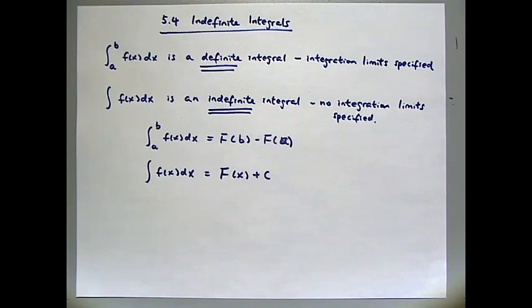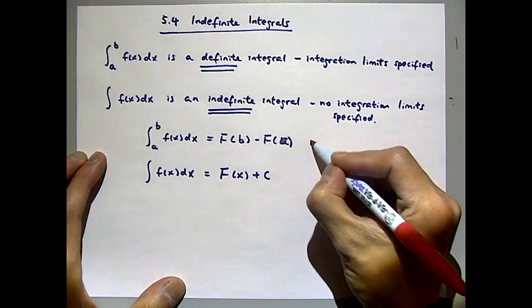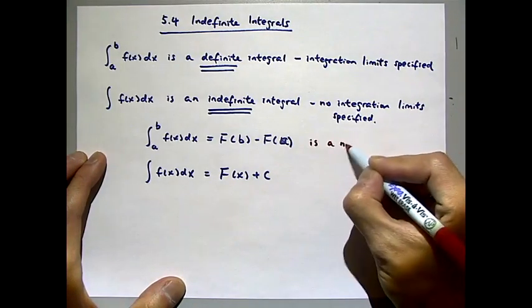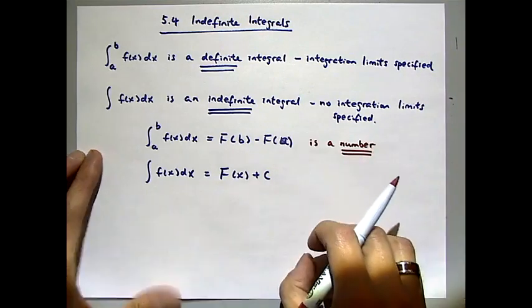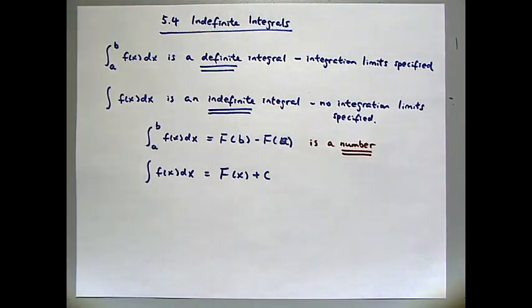The important distinction here: the definite integral will always give you a number. You're looking for an area. The area is 3, 1, 5 pi, whatever.